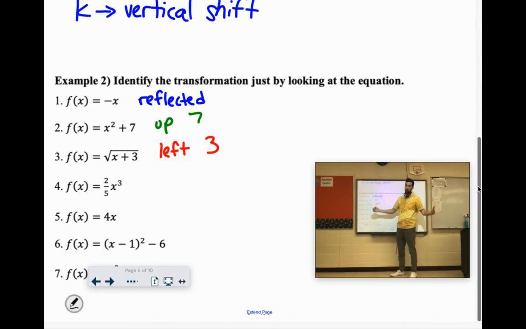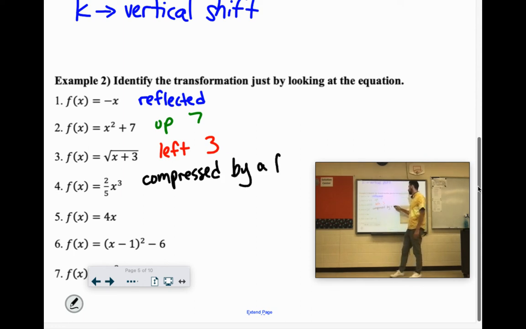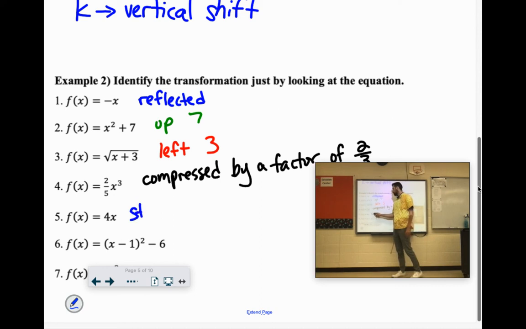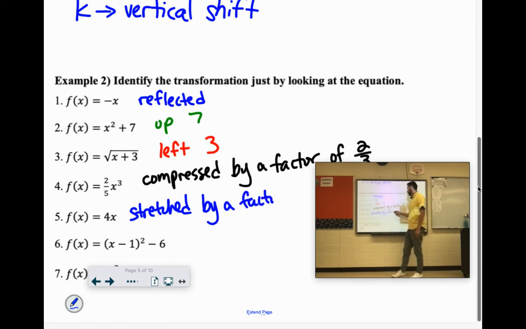I see a 2/5 in front of the x squared. That's between 0 and 1, so we'll say compressed, by a factor of 2/5. Then all we have is a number right in front of the x, and it's larger than 1, so we'd say stretched by a factor of 4.